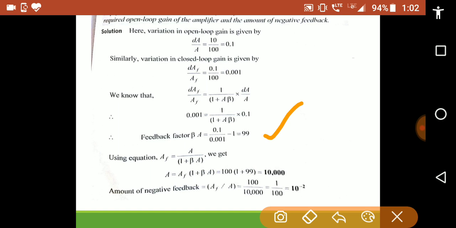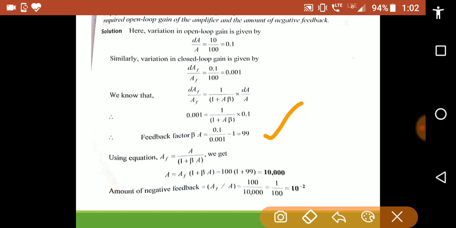And using the equation AF equal to A divided by 1 plus beta A, this is the most familiar equation, and we have to solve many problems on the basis of this equation.